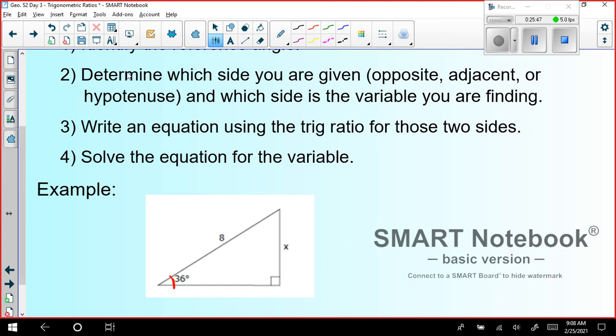So this is my reference angle, the first step when you're solving for a missing side. The second step, determine which sides are given. With regards to 36, this is my opposite side. The sides involved are opposite and hypotenuse.